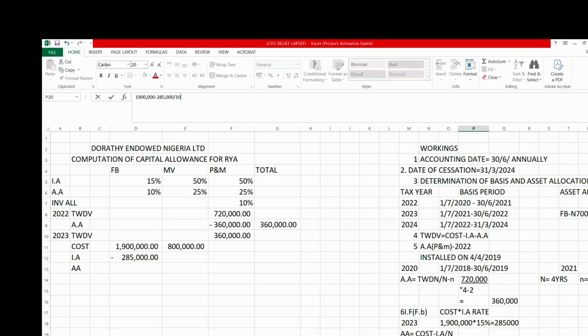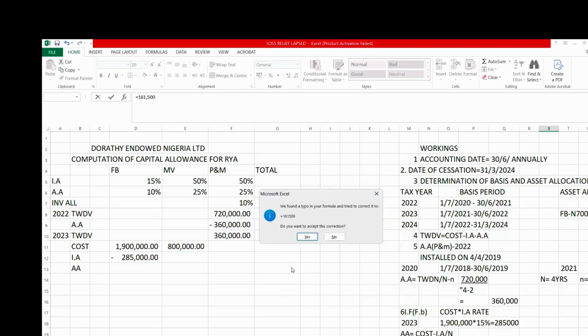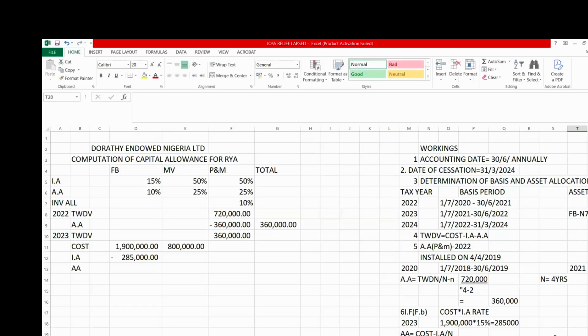So 1.9 million minus 285,000 divided by 10 gives us 161,500. So the annual allowance here is 161,500.